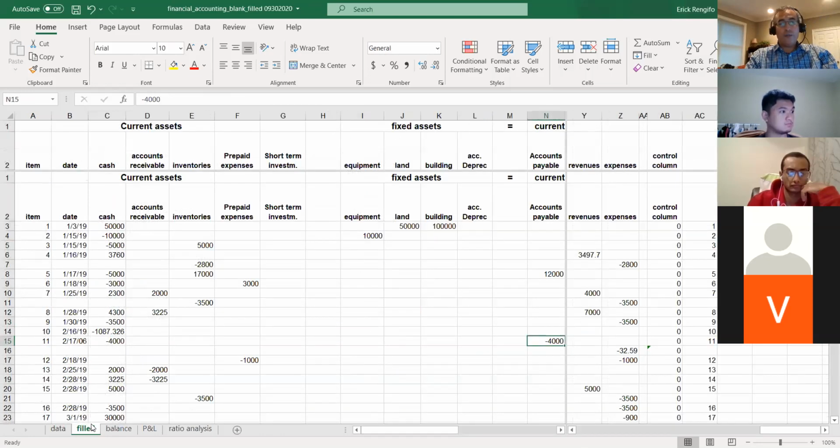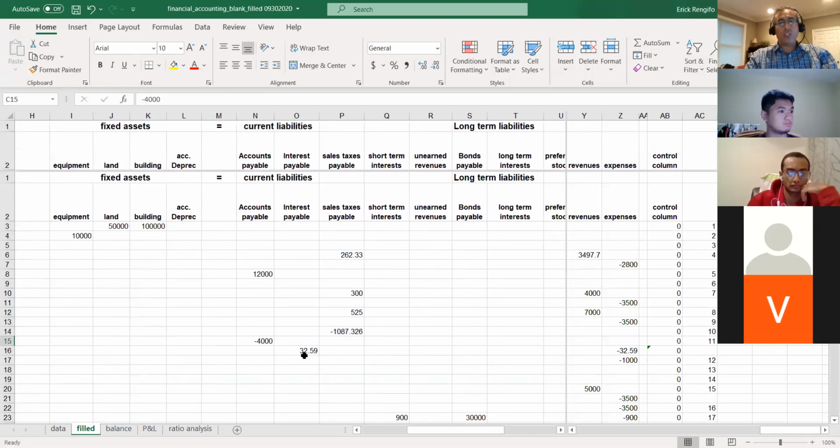Okay, so let's do this. What I need to do, guys, is consider these 32. As soon as I'm not paying the interest right now, I will pay it in the future. I need to consider this as interest payable. So this 32 corresponds to the 8,000 that is the difference between this and this. And immediately I consider this interest payable as an expense.